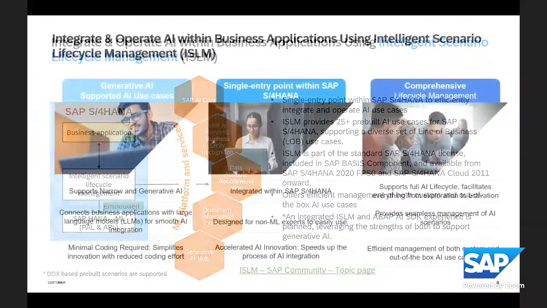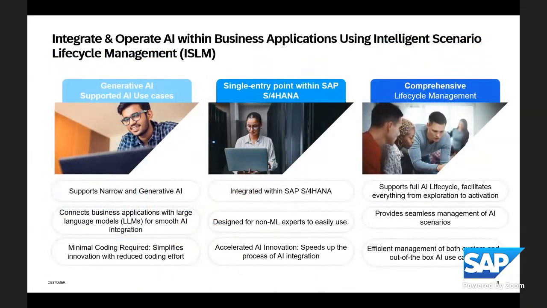Now, a few statements on what the benefits of ISLM are and what we are working towards. As I mentioned, it's designed to streamline the integration and innovation of AI within your business applications within S/4HANA. And what makes ISLM particularly effective is its ability to achieve this within the same stack, so you don't have to deal with the complexity of moving across different stacks and so on.